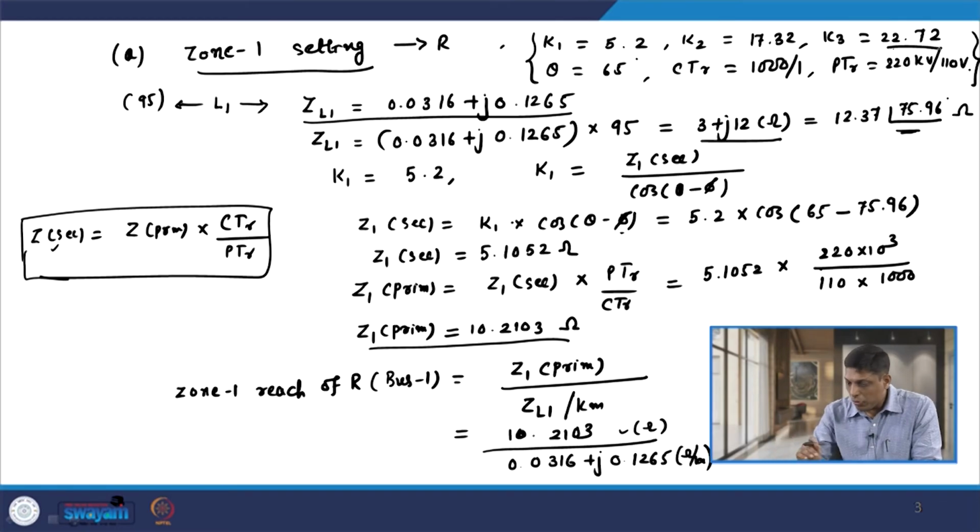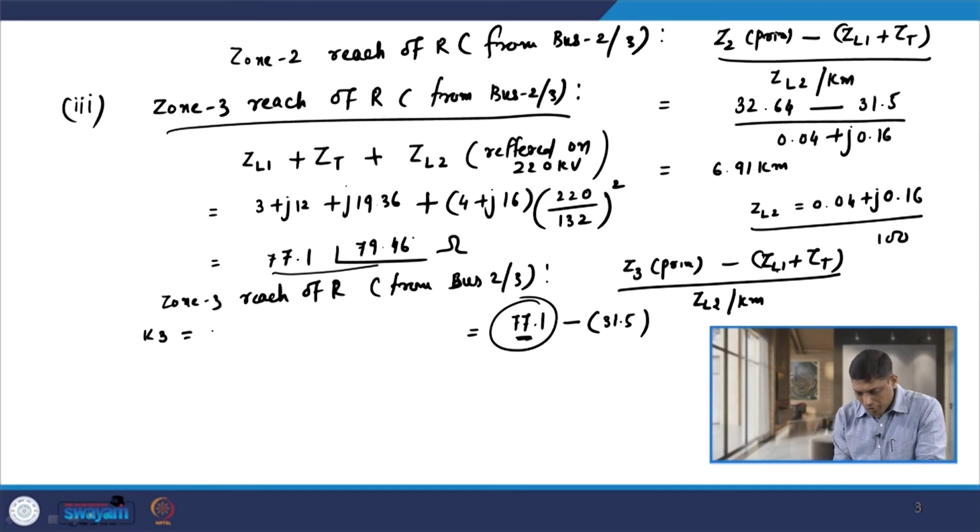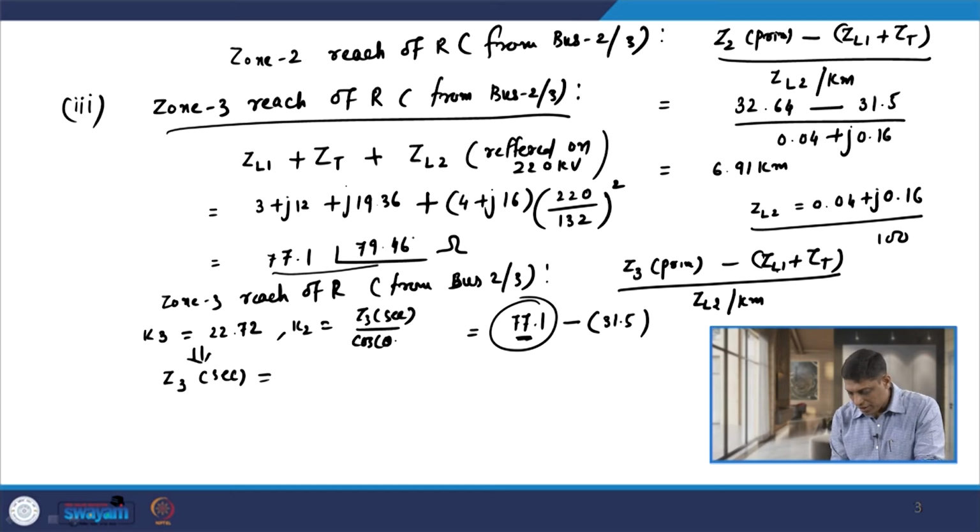So, the value of K3 is given as 22.72. If I use that value, you can find out Z3 secondary using this equation, K3 is equal to Z3 secondary divided by cos of theta minus phi.